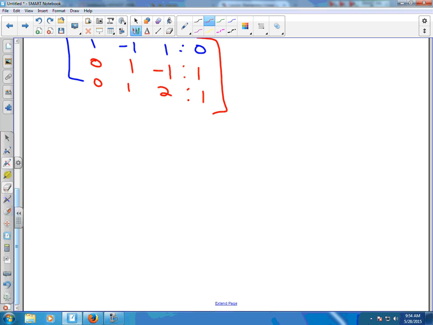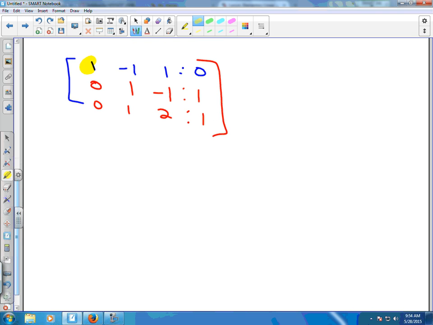So now that gives us a pivot with zeros underneath it in the first column, a pivot of 1 in the second column, and we need a 0 underneath it.